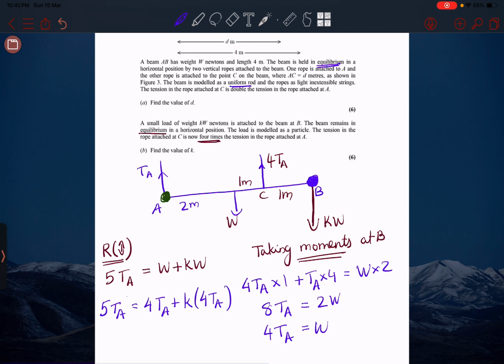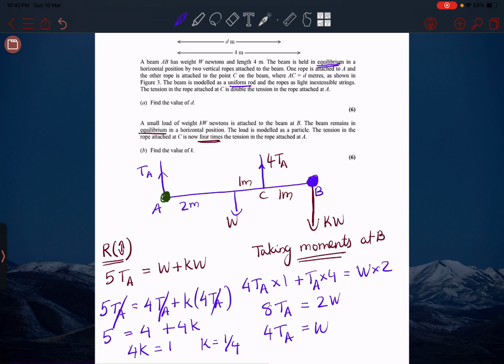As you can see, we can cancel out all the TAs. So 5 is equal to 4 plus 4K. That means 4K is equal to 1, or K is equal to 1 over 4.